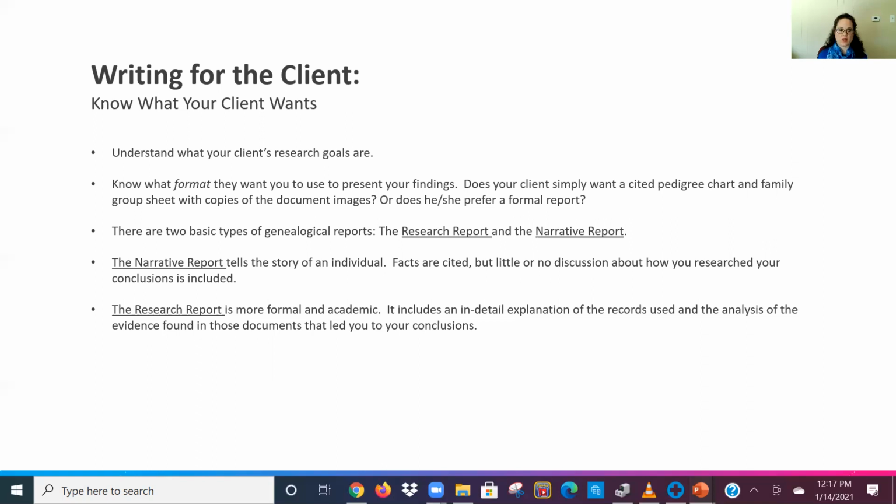Now, I don't care which line you do. I don't care if you trace her mother's line or her father's line, just whichever one you can get back the furthest in the allotted amount of time. So those clients are kind of fun because you have a little more leeway, like I said, and you can choose a little bit which direction you're going to take. But you still have a specific objective in mind. They told you to find out who the ancestors were and extend the pedigree back as far as you can.